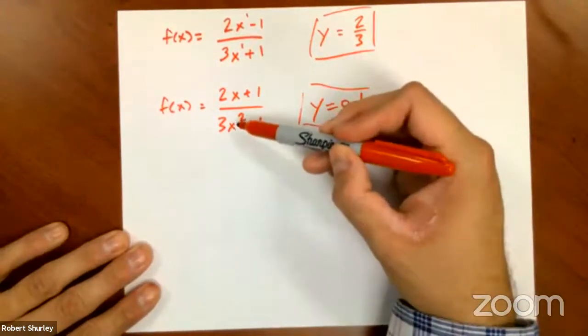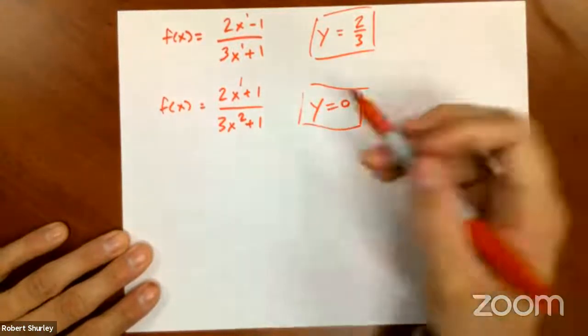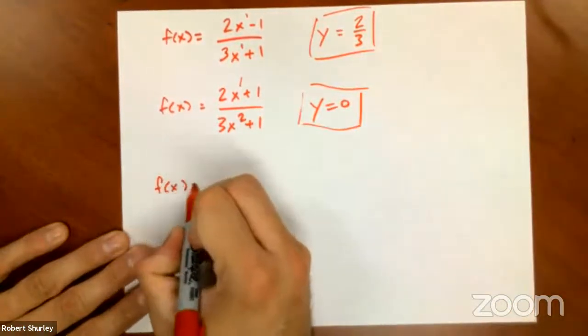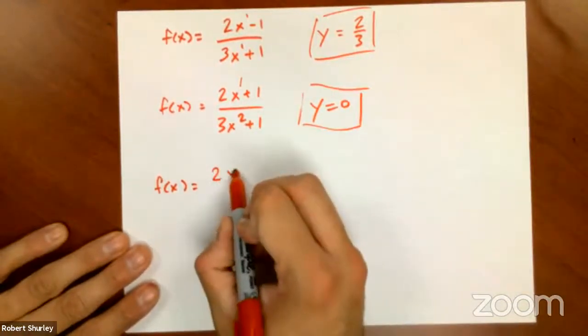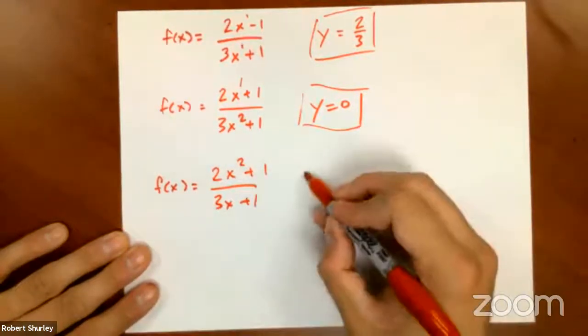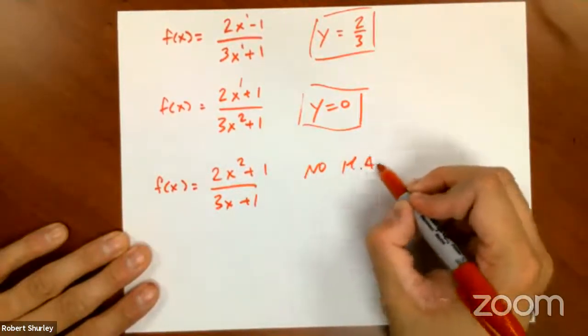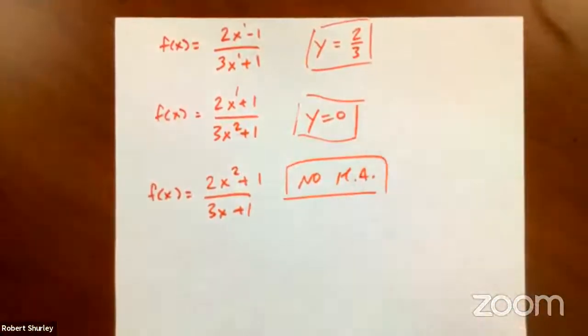If the bottom degree is larger than the top, then the horizontal asymptote is just 0. Now, if the top is larger, there's just no horizontal asymptote. Okay, no horizontal asymptote. So those were the 3 things that could happen, CJ, with horizontal asymptotes.